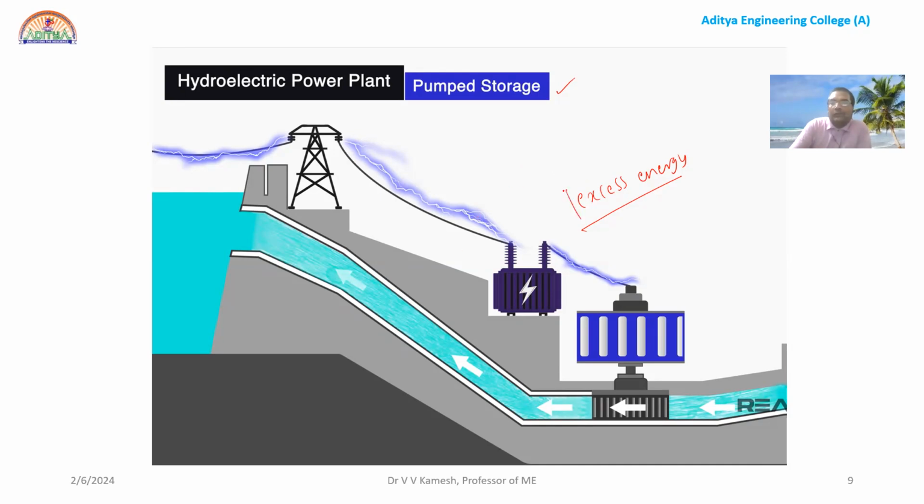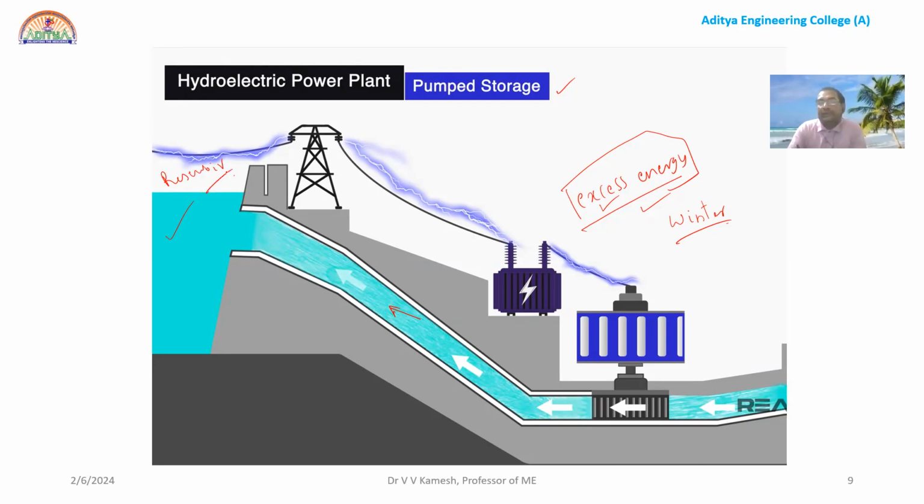So what can I do? Suppose we have excess energy. Generally, in the winter season, we have excess energy, right? In the winter season, generally we don't produce hydroelectric energy. Suppose you produce, it becomes excess. Then what can I do? I will pump the water in the reverse direction so that water will be stored in the reservoir.